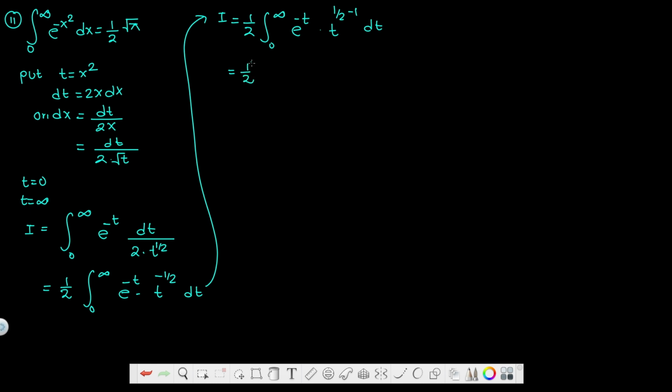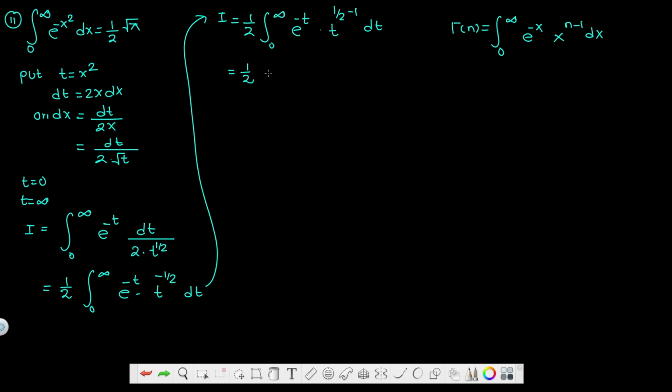Now in gamma function we learned that gamma n equals integral 0 to infinity e to the power minus x times x to the power n minus 1 dx. So in this case, in place of x we have t, and in place of n we have 1 over 2.